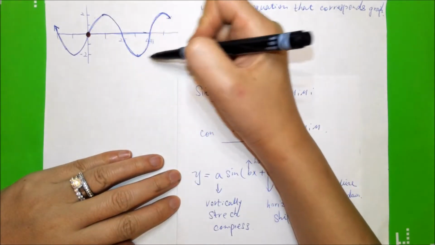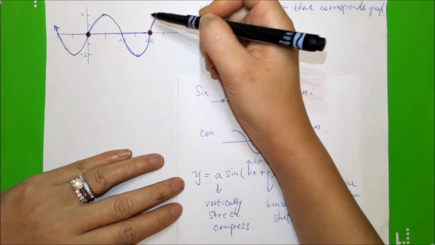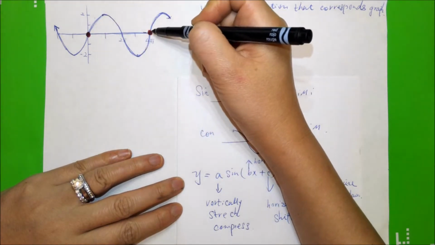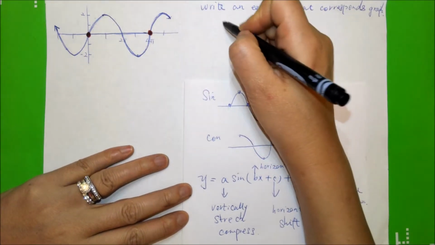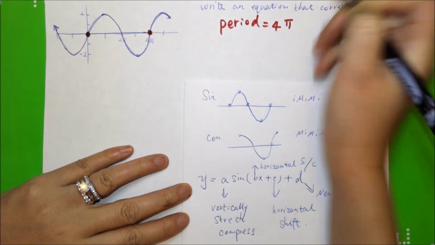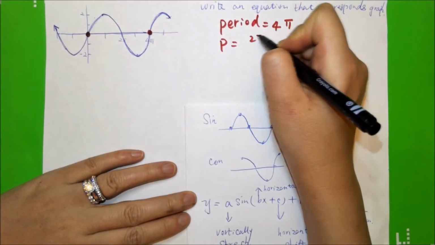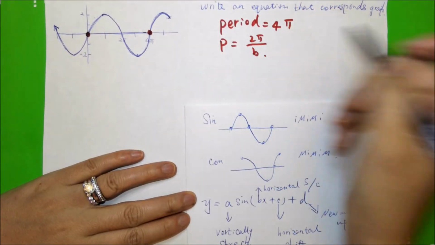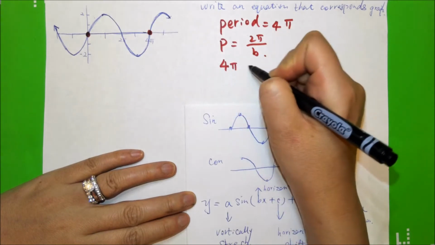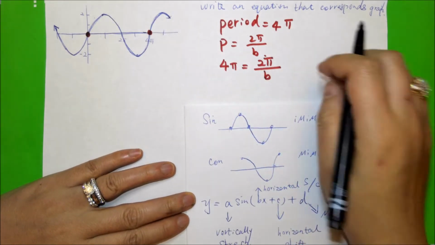The period of the function is 4 pi because the endpoint for this whole revolution is 4 pi. The formula for period is 2 pi over b. Therefore, I should have 4 pi equals 2 pi over b.